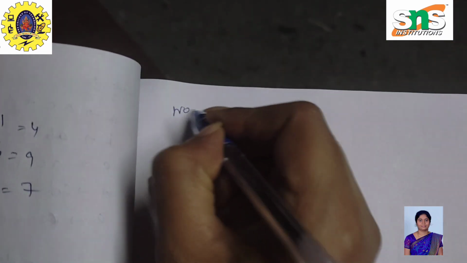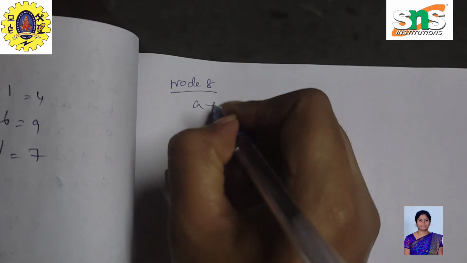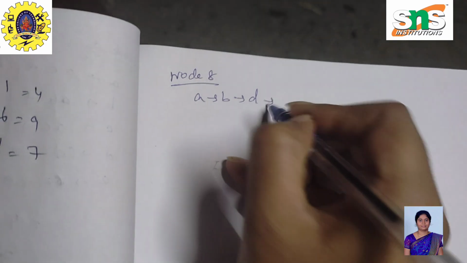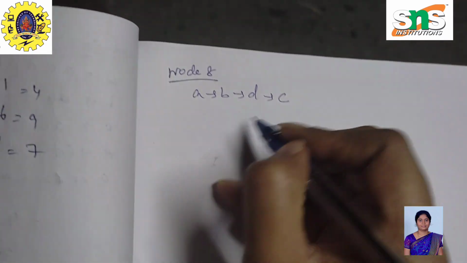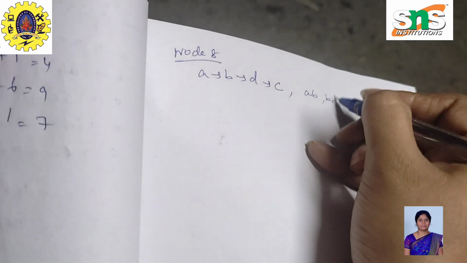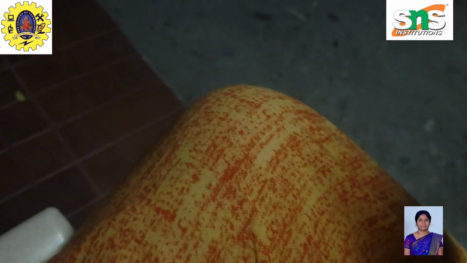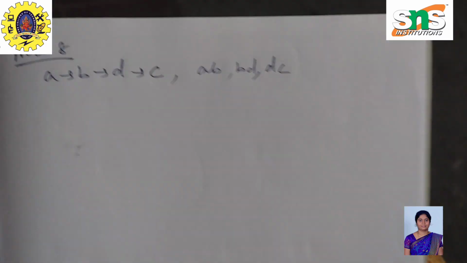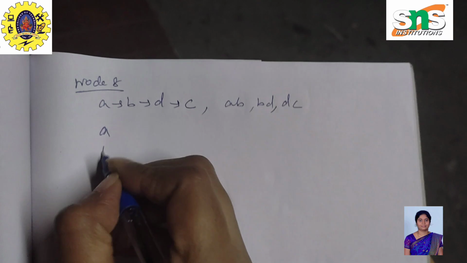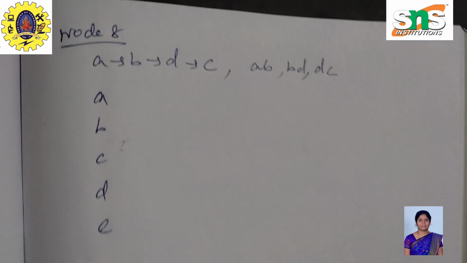So now I am going to show node 8 for this A to B, B to D, D to C. So this can be written as AB, BD and DC. So in this way we can write. So A, B, C, D, E can be written.